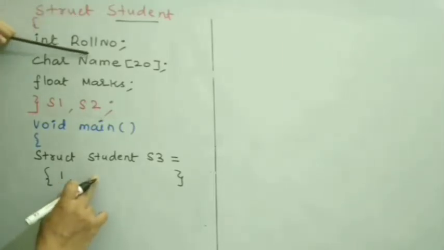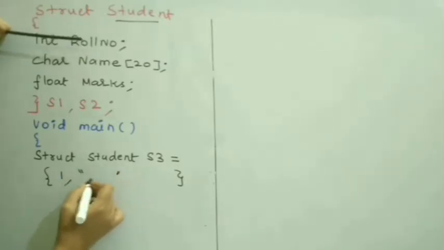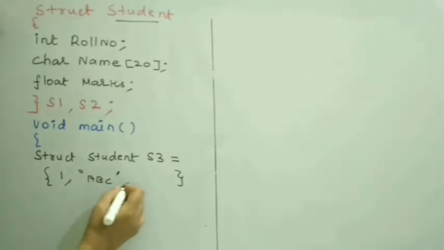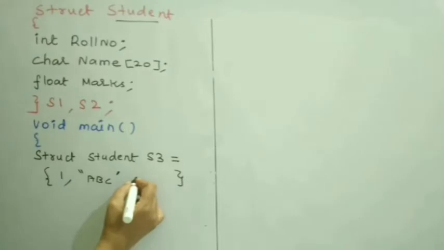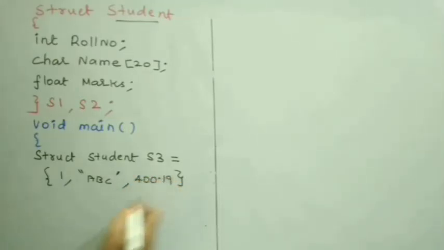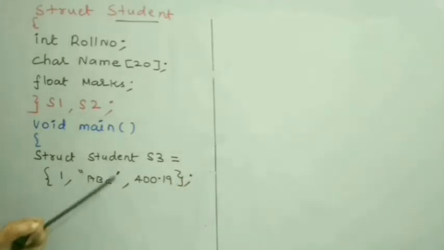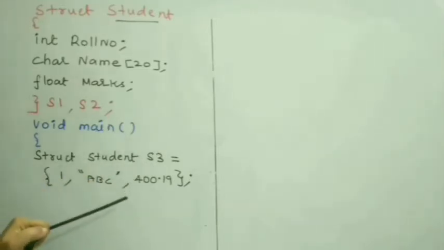Second is the value for the data member name, a string, so it is enclosed within double quotation: ABC. Third is the value for the data member marks, a float, so I am assigning 400.19. After assigning the value, put a semicolon. So the value will be assigned for the structure variable during the compile time itself when the variables are declared.